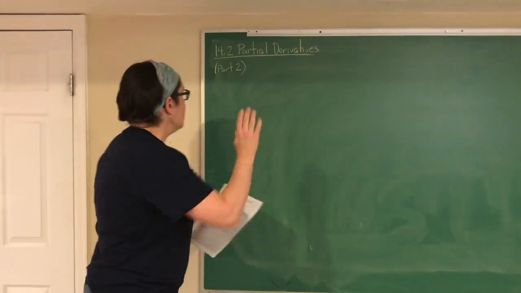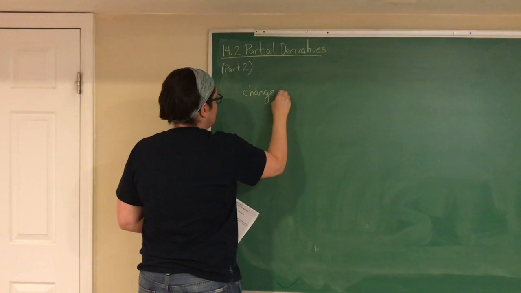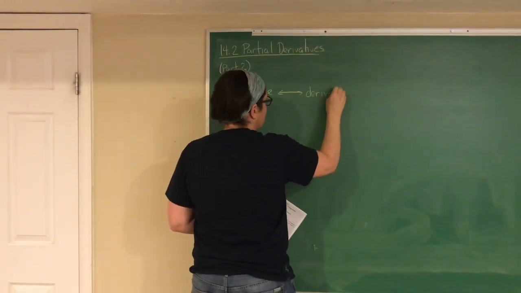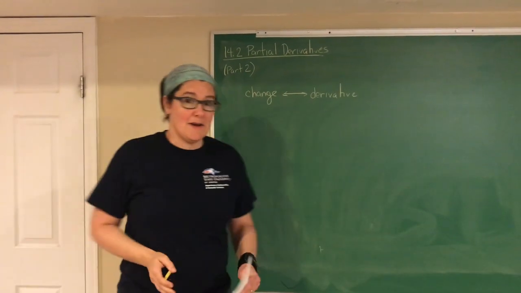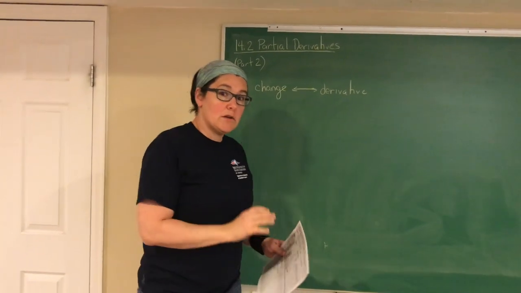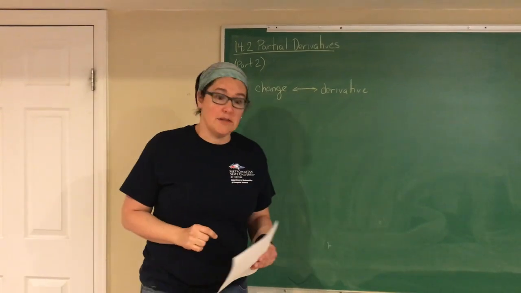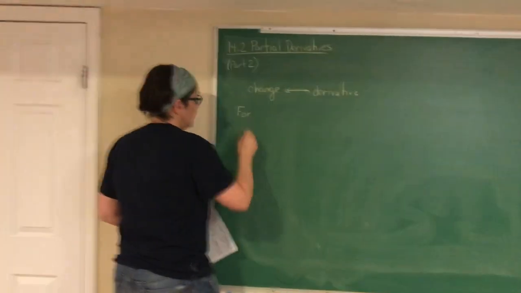And so this idea of asking about change corresponds to the idea of a derivative, which we've talked a lot about earlier in the semester. When it comes to functions of two or more variables, we need to tweak this just a little bit.